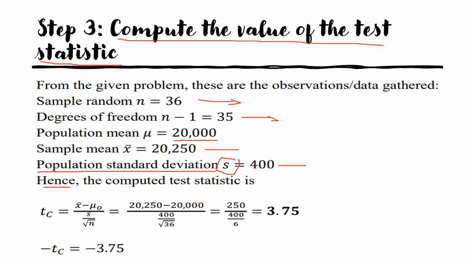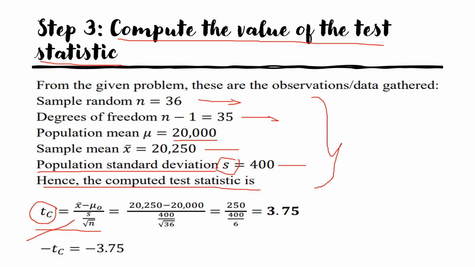Hence, for the computed test statistic, we simply substitute the given values into the given formula. Here, this T computed is somehow equal to your C computed because of the given condition that we mentioned in our previous video lesson, that if there is no sigma, we simply use s, the sample standard deviation, as the value of your population standard deviation sigma. Then we simply substitute the given values here.